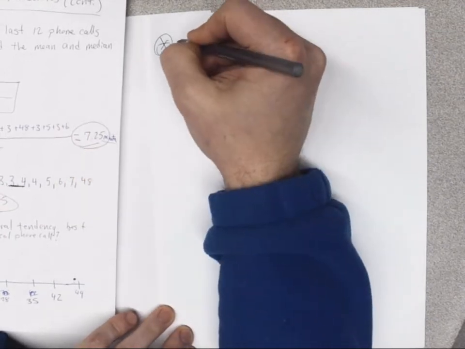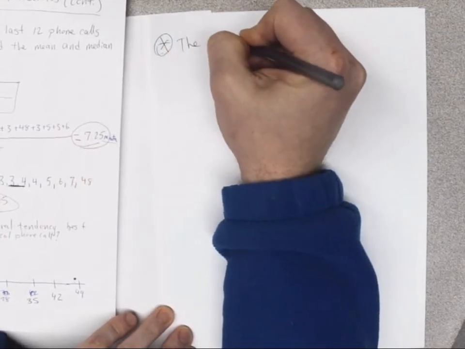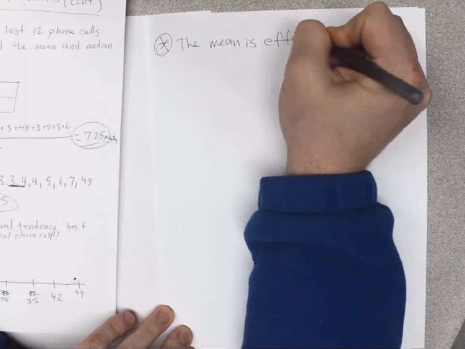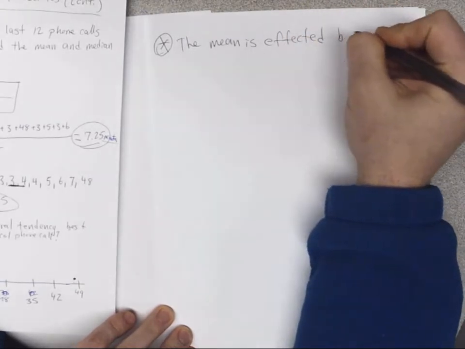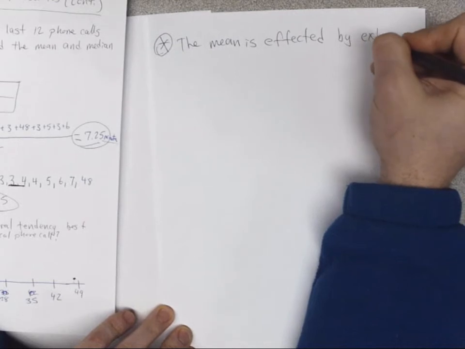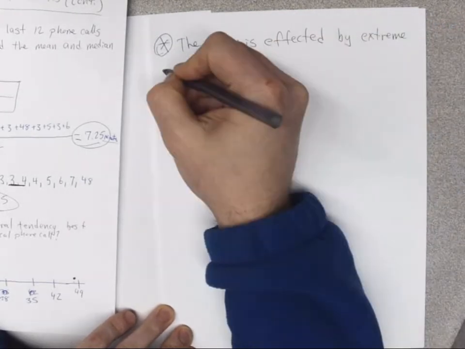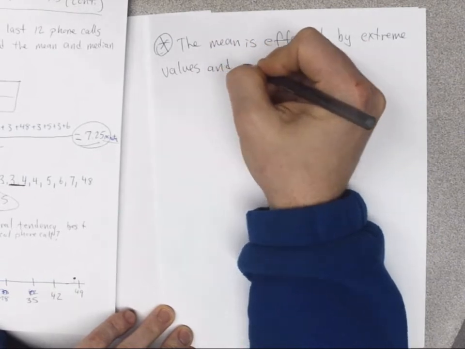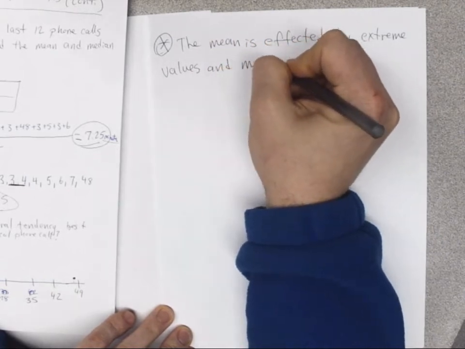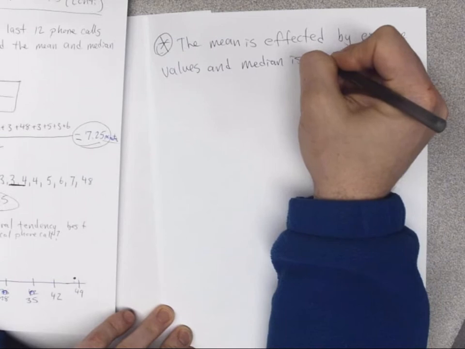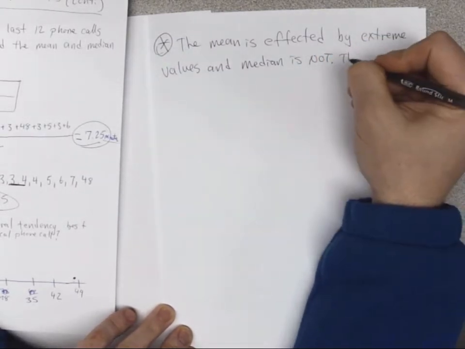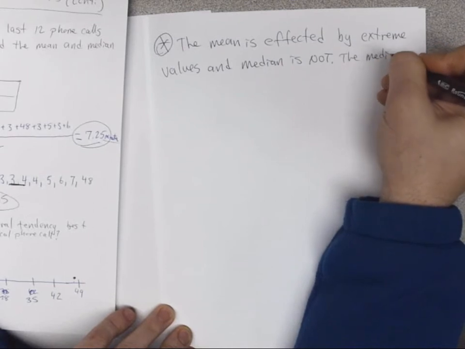The mean is affected by extreme values and the median is not. So the median is said to be resistant.